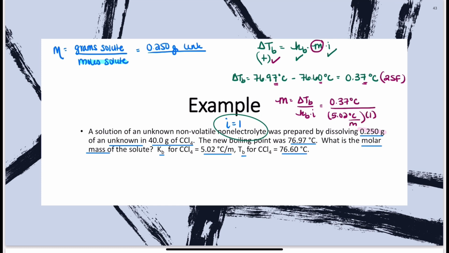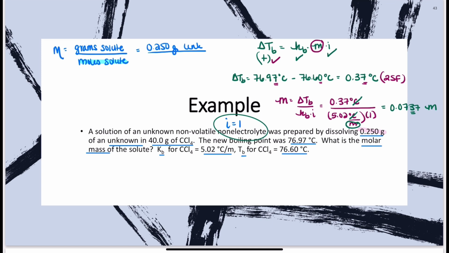There are no units on your Van't Hoff factor, that i value. Your units here, the delta C cancels, and the molality here is the denominator of the denominator, which makes it the numerator. When you calculate this out, you get 0.0737 molal. Notice I am carrying 1 extra digit right now for sig figs. I don't want to create round-off error. I will round it at the very end, but right now I'm just going to mark where those sig figs are. But I have my molality.